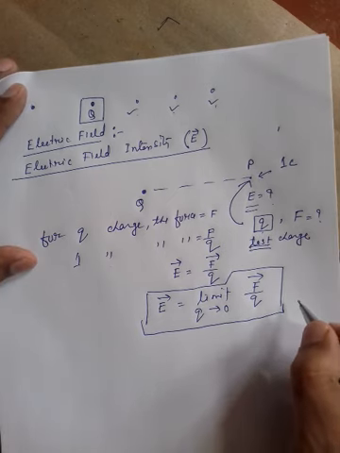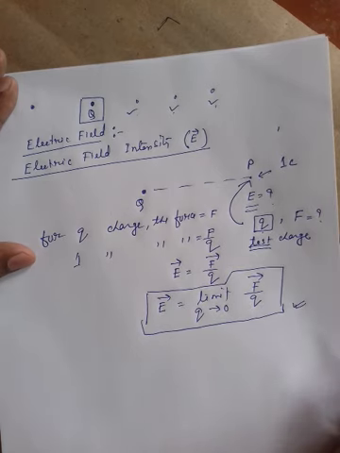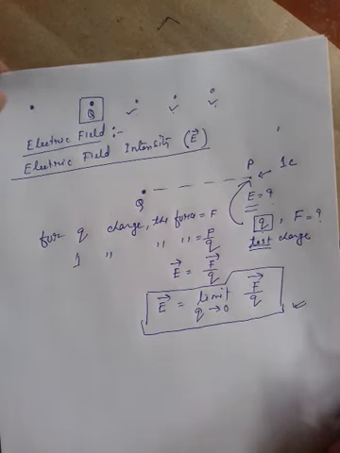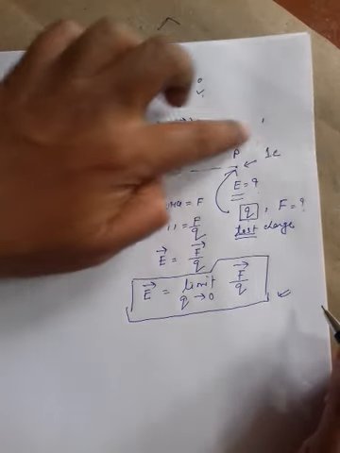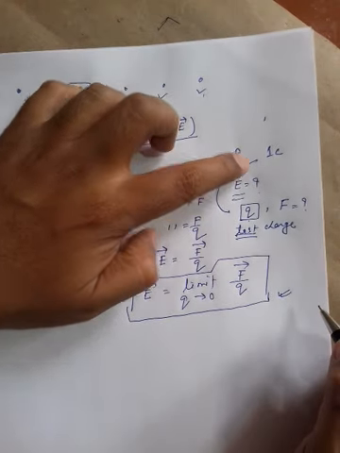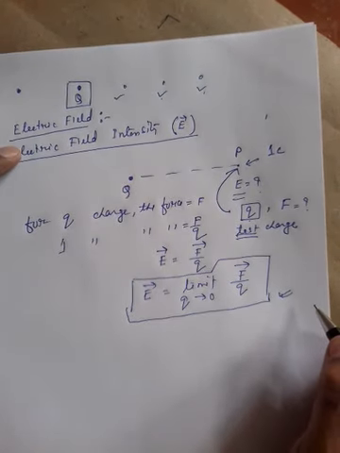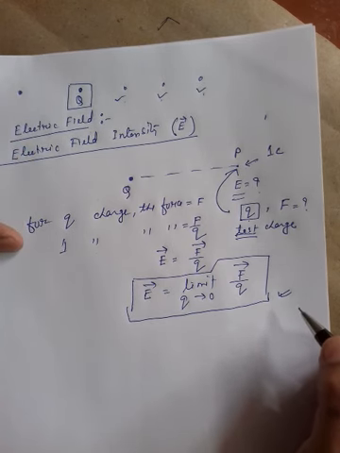So if you consider the electric field at a point by considering a very small test charge, then the value of the electric field measured by you will be perfect. Otherwise, because of the presence of that charge, that q may get affected, and because of that the value of the field measured by you may not be perfect.